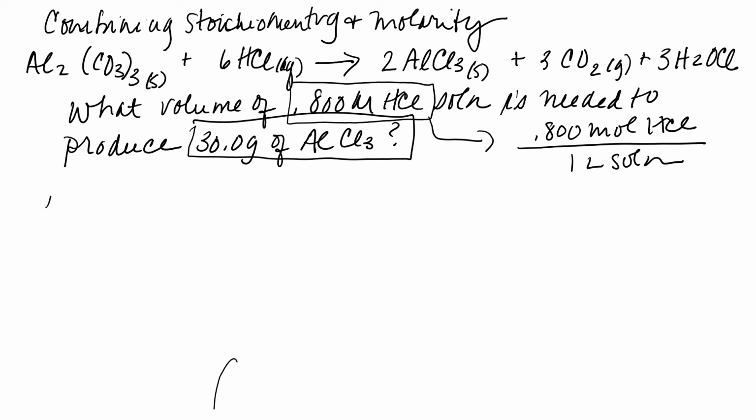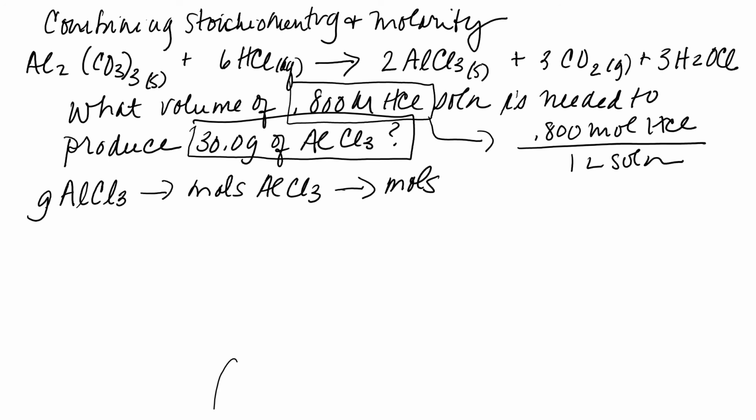But first, we have to convert our grams of AlCl3 to moles of AlCl3 using molar mass. Then we can convert from moles of AlCl3 to moles of HCl.